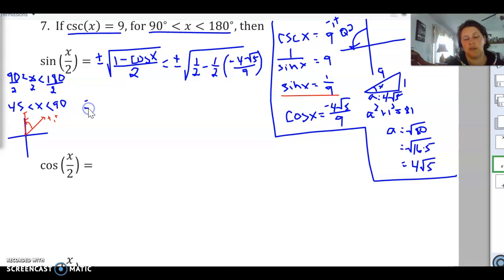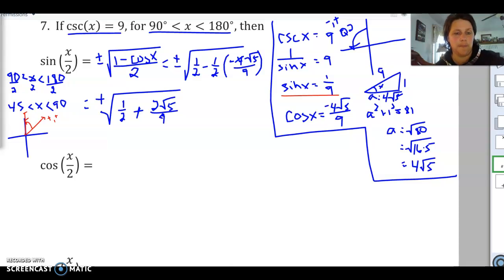So this is going to equal positive square root of 1/2 plus, because I got a negative and a negative there, 1/2 plus my 4 and my 2 are going to cancel, and I'll be left with 2 root 5 over 9. And that is our answer for part A.